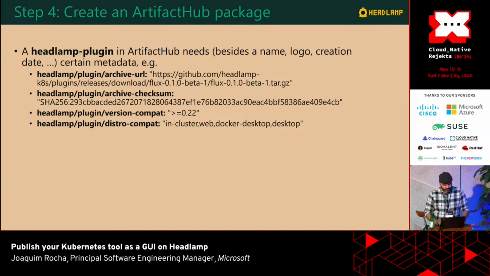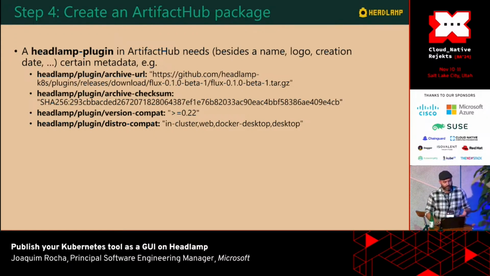The first two are easy to understand. That's the URL of the tarball that you push to the release page that I mentioned before. Then the checksum, of course. The version compat is, of course, which version of Headlamp this is compatible with. So we have some control there.